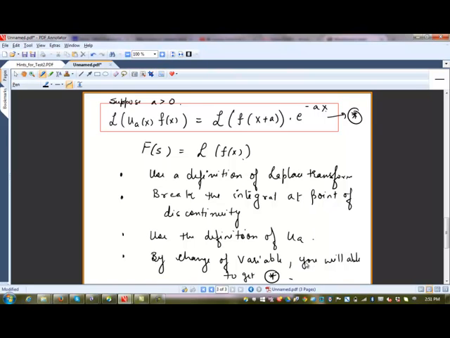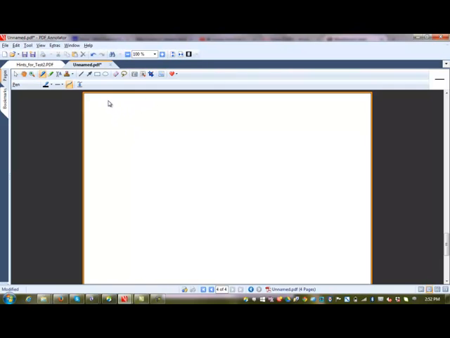Now let me do an example in which I first have to rewrite a function in terms of a Heaviside function and then take the Laplace transform of that. So let's write down the formula again. Before that, here's the problem.